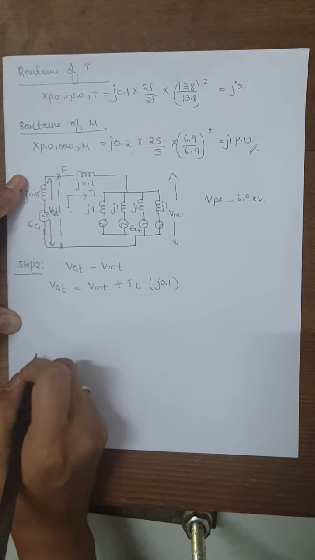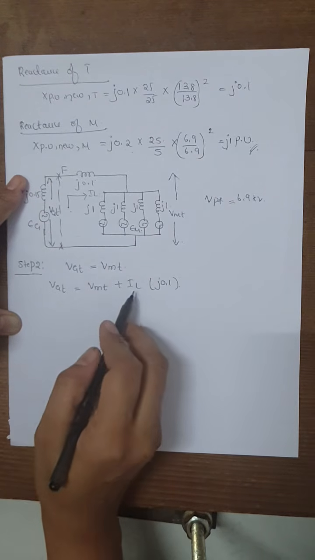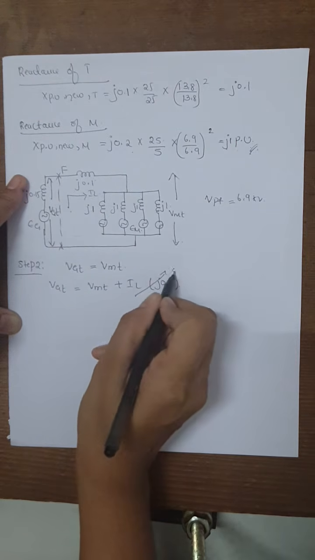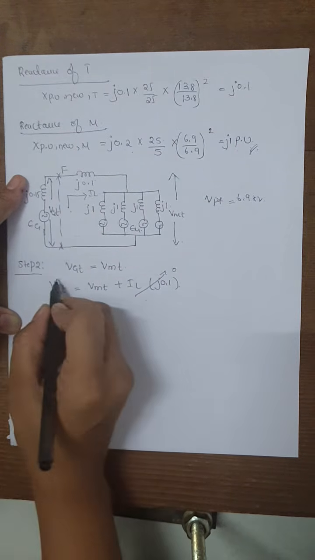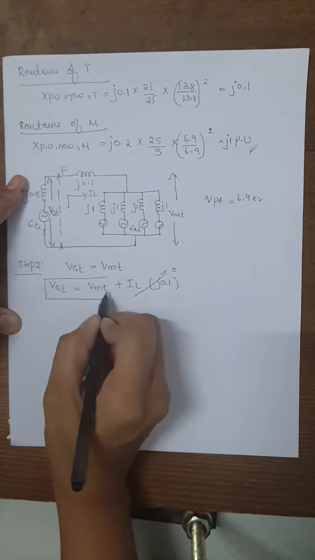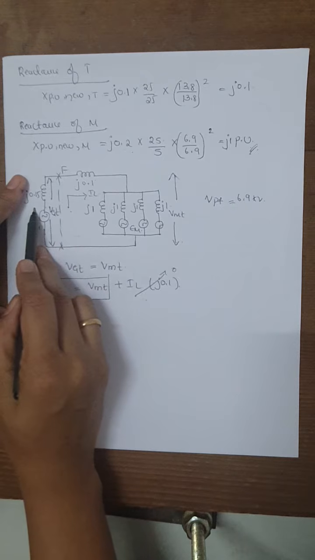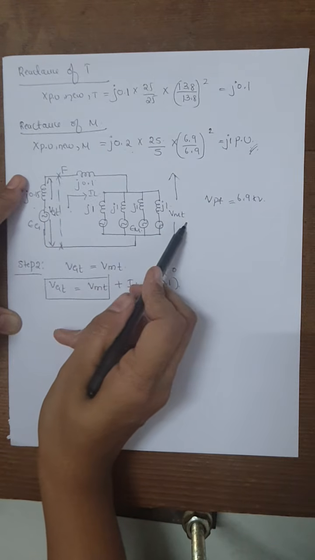Since you know that it is an unloaded system, because the power and power factor value are not given, this IL value will be equal to 0. So finally we get VGT equal to VMT, that is, the terminal voltage of the generator will be equal to the terminal voltage of the motor.